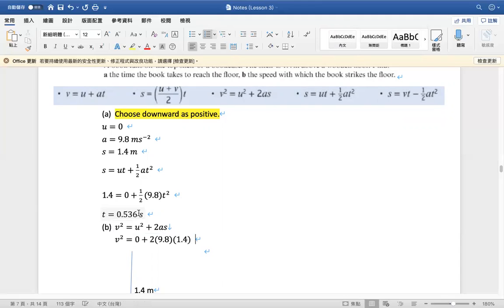So you can find the v here. Two times 9.8 times 1.4, so it's 27.44 meters per second.